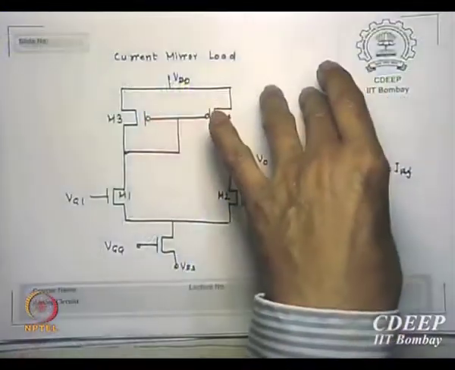Why did I do this? What did I tell you in op-amp? What should be the next stage? There will be a gain stage. How many inputs will it expect from you? One input. So I created a single ended output out of this. The next stage is going to be a single ended amplifier, the gain stage.